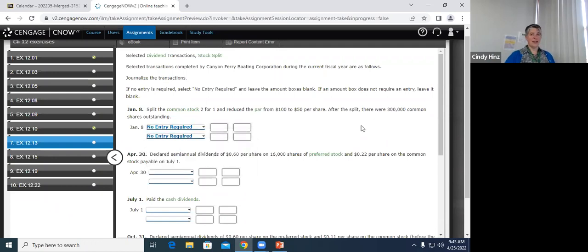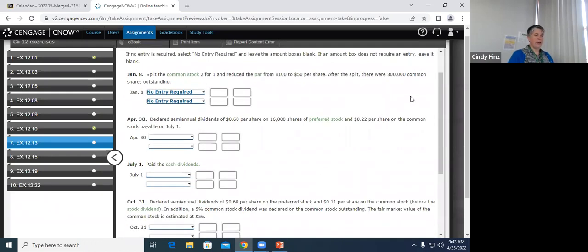Nothing changed except we now have twice as many shares, but they each have half the par value they had before the split. So no entry required there. Before the split, we had 150,000 shares outstanding. After the split, we have 300,000.